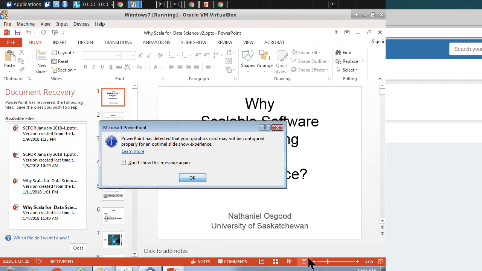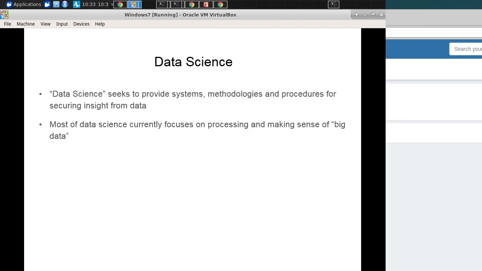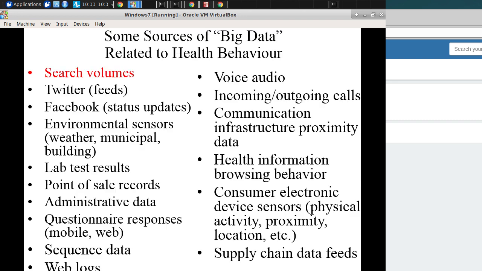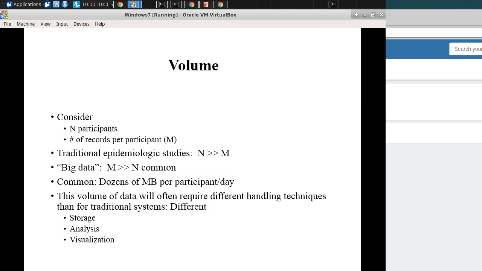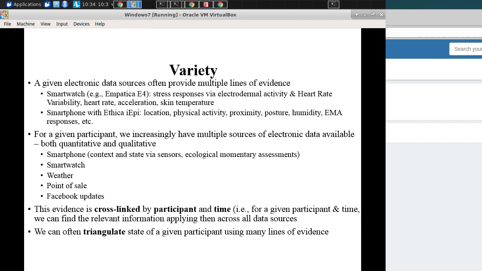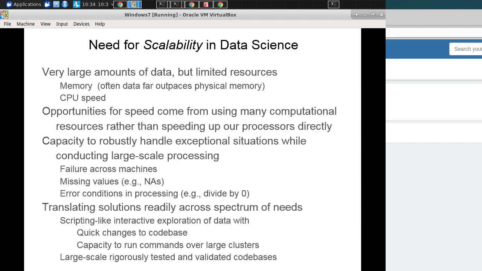You recall that I had previously described the rationale and motivation for looking at data science from a software engineering perspective, noted some characteristics of big data, particularly concentrating on the 4 V's, the volume, variety, velocity, and veracity. I had noted some of the data sources that we'll be using in the course of the semester.